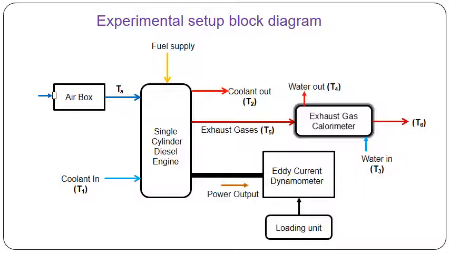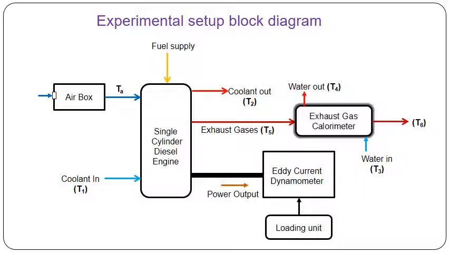Exhaust gases are thrown out at the end of the cycle, and then these exhaust gases are passed through the exhaust gas calorimeter, which is used for obtaining the value of specific heat of the exhaust gases, and then they are thrown out to the atmosphere. Exhaust gas calorimeter is basically a heat exchanger wherein exhaust gases lose heat to the water which is circulated through it, and using a proper energy balance the value of Cp can be obtained.